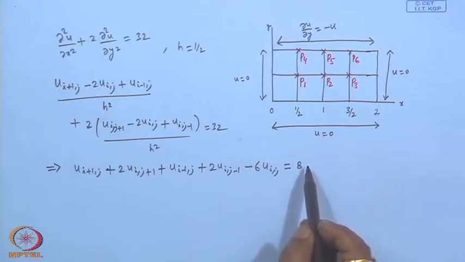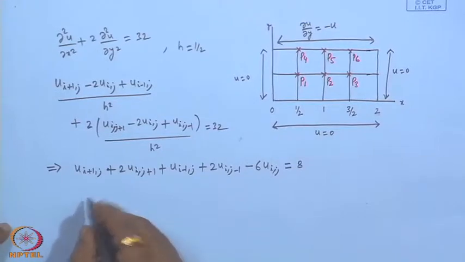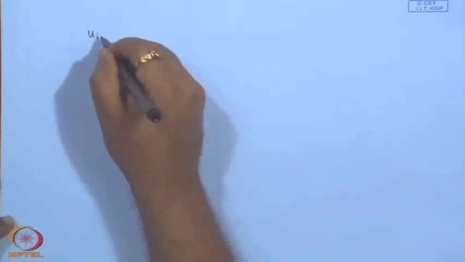Okay. So, now we have to discretize the boundary conditions. So, let us write down the equation again.